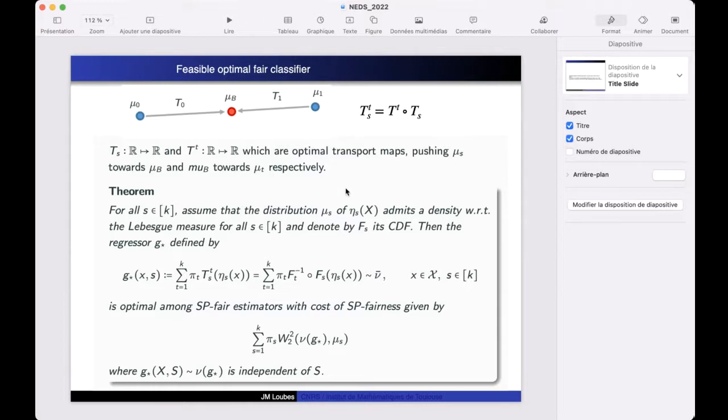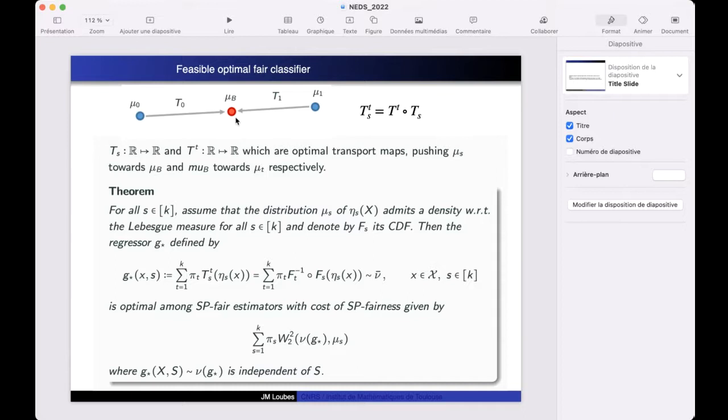So just for the sake of clarity, I take the case where I have a one-dimensional regression. So if I have a one-dimensional regression, what changes? It changes that I can write the transport. So T lower s is something that pushes mu s towards the barycenter, and T upper bar is something that pushes the barycenter towards the other one.